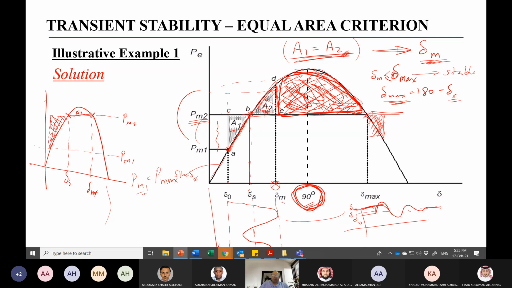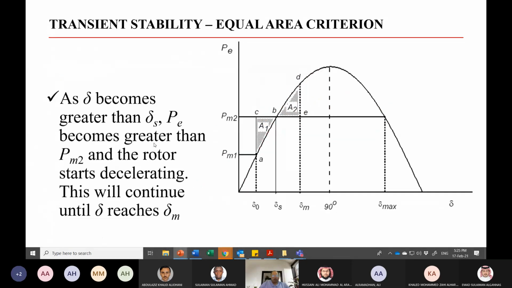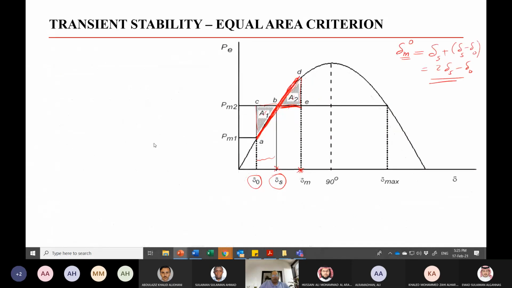Of course, if we increase P mechanical more and more, then we may not have enough deceleration area to compensate the acceleration. So mathematically, we end up with this equation, where A1 is the rectangular area, P mechanical 2 multiplied by delta S minus delta 0.